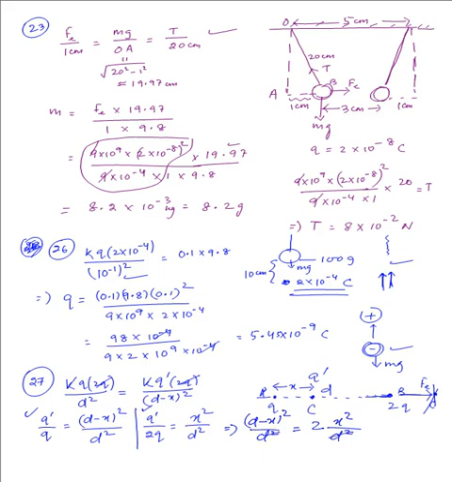What that leaves us with is that (d minus x) whole squared is equal to 2x squared. So we have d minus x equal to root 2 times x, and the x can go to the other side. So we have x times (root 2 plus 1) equal to d, or x is equal to d over (root 2 plus 1).